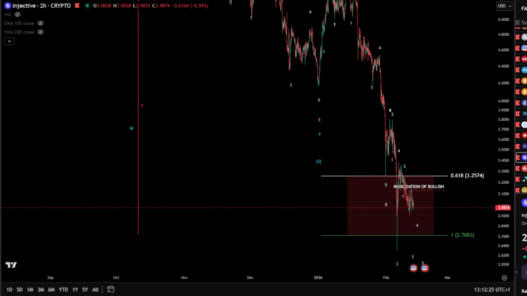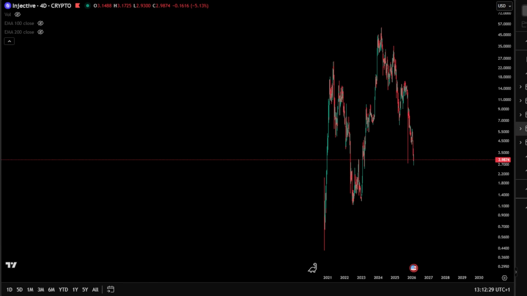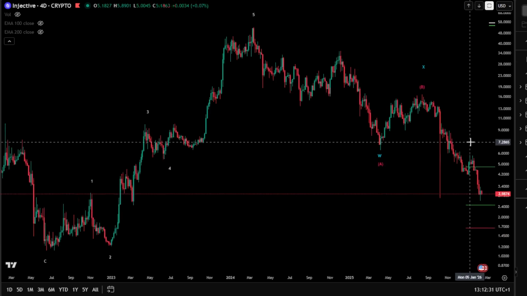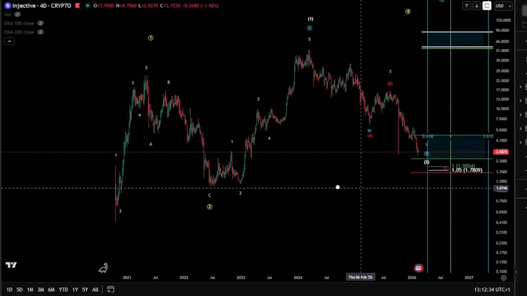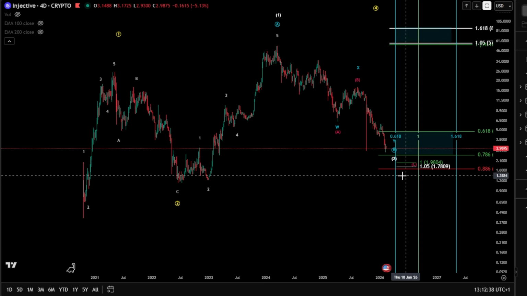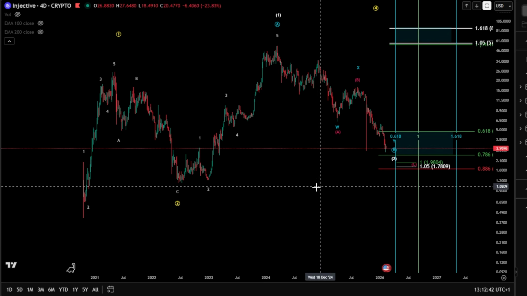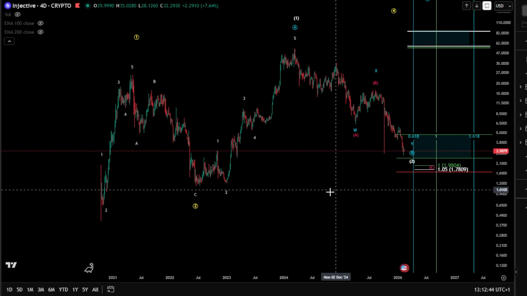Finally, for injective, we're going to see also the all-time history first, and we're still looking at the same as for the other altcoins, all of them align within the time between April and September, but very likely also in May, where it might finish a wave Y there.